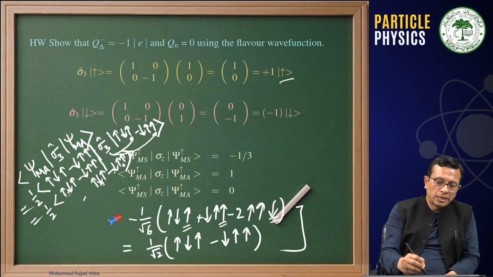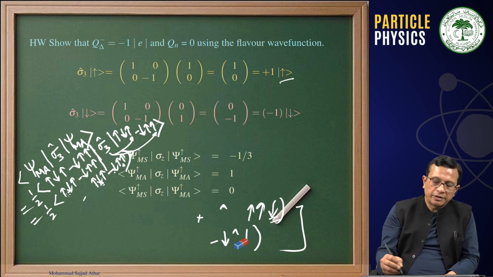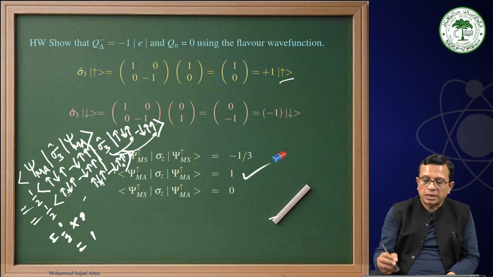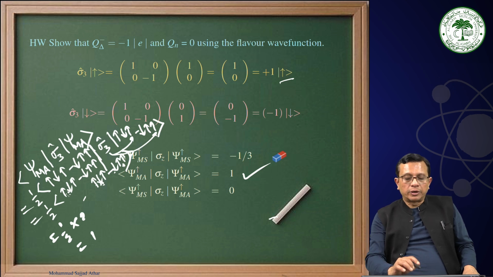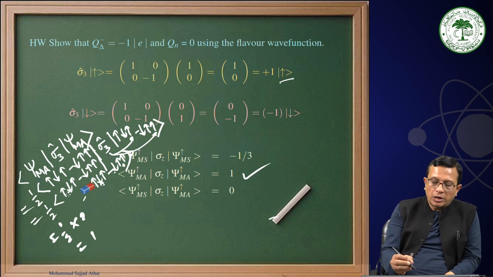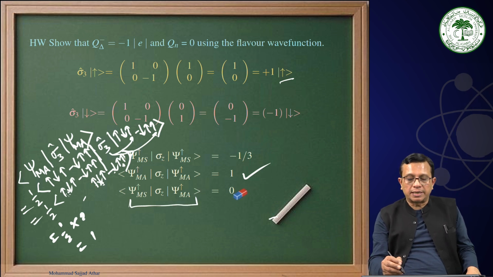What we will have is 1 plus 1 divided by 2, and that is nothing but 1. This is what I have written here. Therefore, if you have such type of states, then it is 1. And this is 0 because these are orthogonal states.